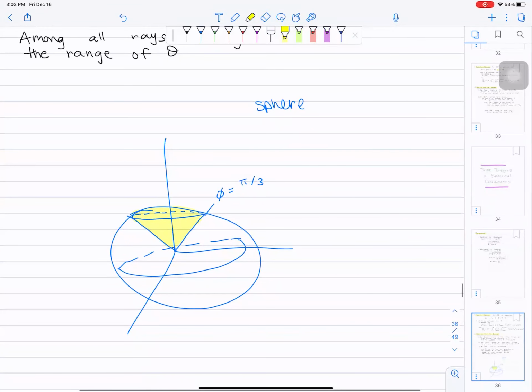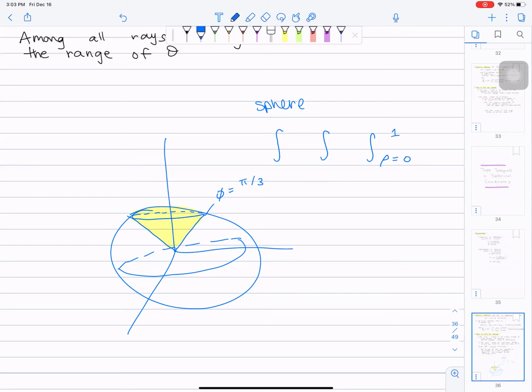Then what would my bounds for spherical coordinates be? Rho goes from what to what? It starts at 0, and our radius goes out to 1 because we have our entire sphere, including the curvy part.